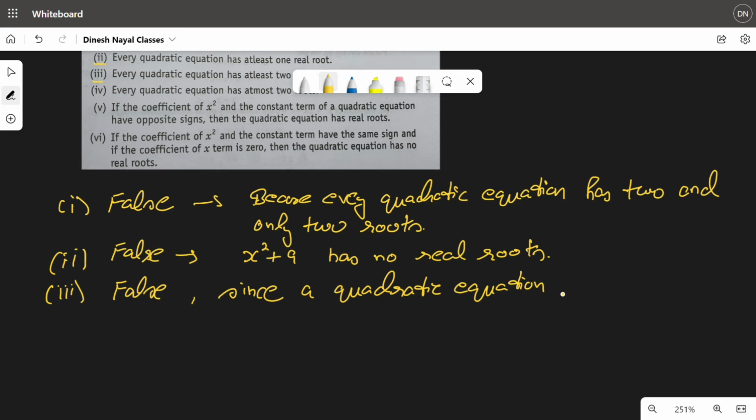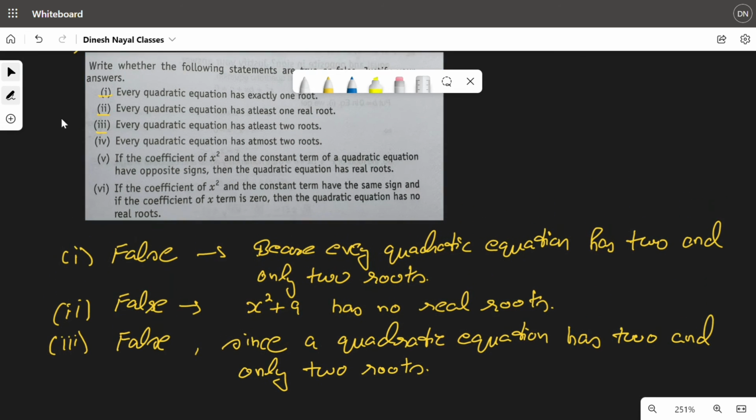Since the quadratic equation has only two roots. Now coming on to the next one, the fourth one. Every quadratic equation has at most two roots.